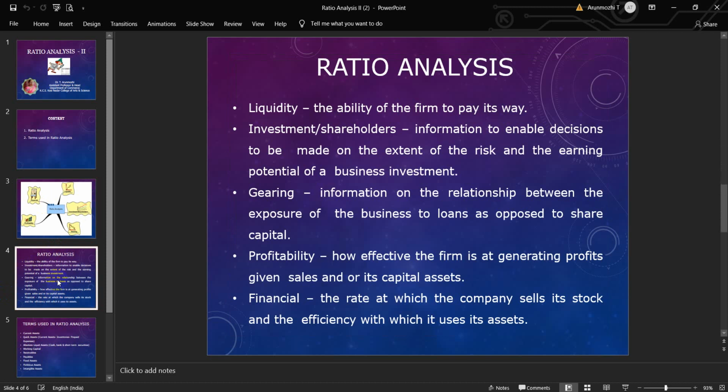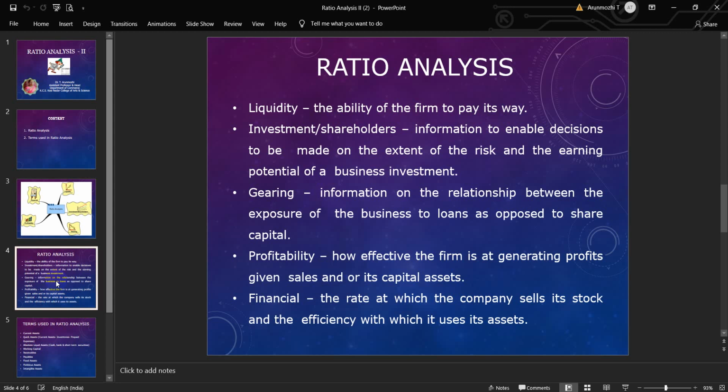Liquidity is the ability of the firm to pay its way. Second term is investment to the shareholders, information to enable decisions to be made on the extent of the risk and the earning potential of a business investment. Gearing tells you information on the relationship between exposure of the business to loans as opposed to share capital.